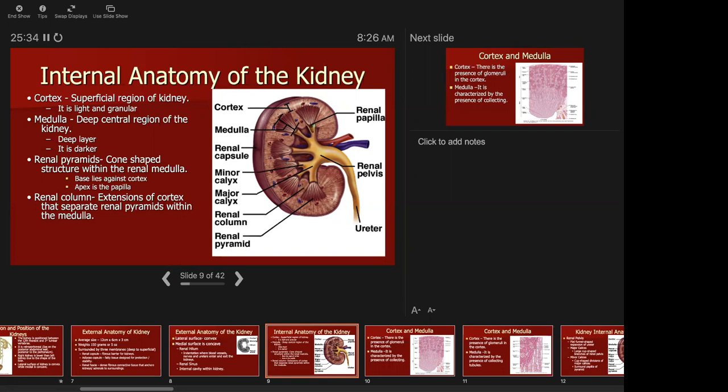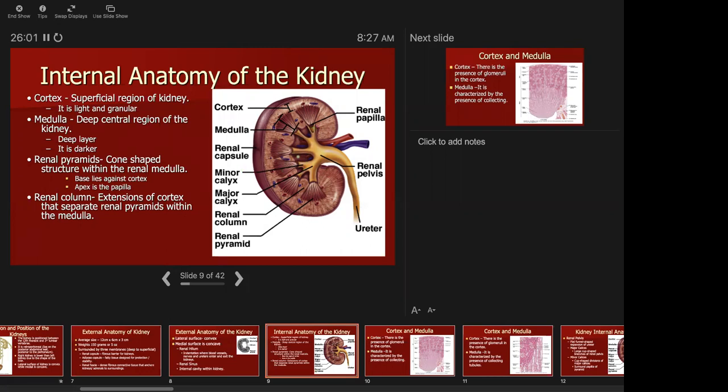Okay, and at the apex of the medulla, you can see we have minor calyces here. This is the drainage system. The urine that is produced in each of these has to be drained. So it's organized into smaller minor calyces, which receive the urine. All the urine from one pyramid is received by the funnel-shaped minor calyx.